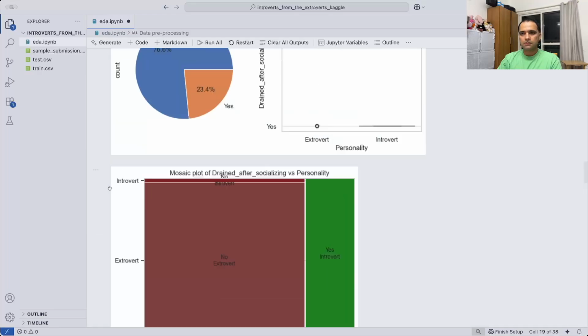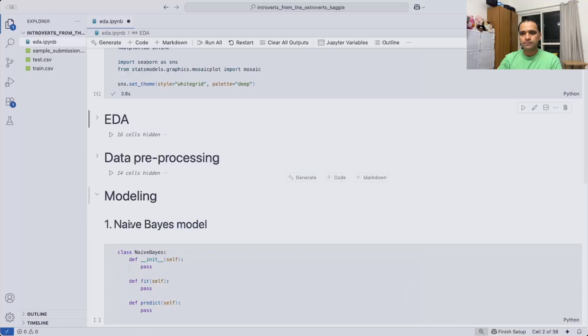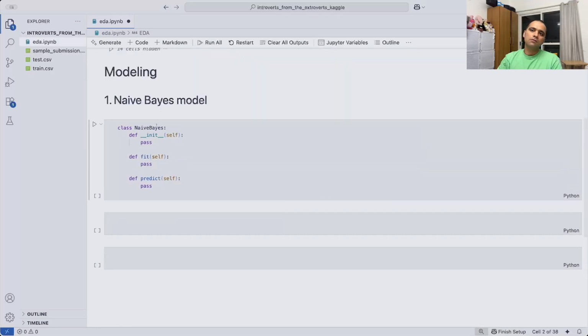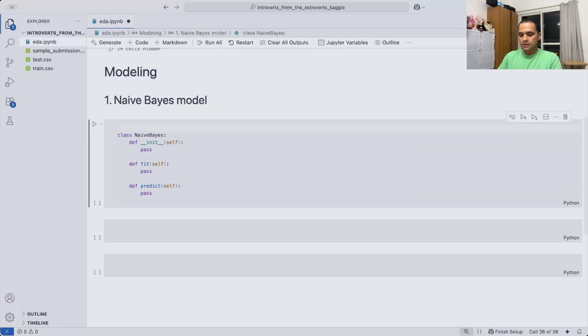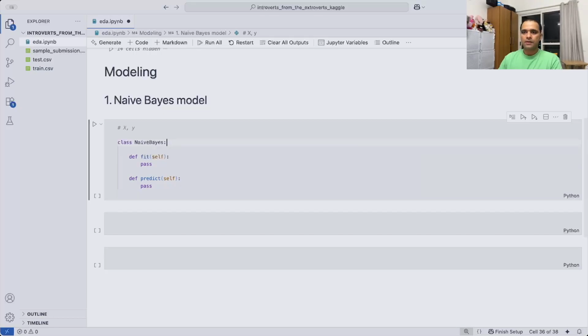Let me just minimize this one. Basically we have data which is x inputs and y, and we have to write a model. In Naive Bayes, we don't need any initialization because there are no hyperparameters to the model, so we can directly start with fit.